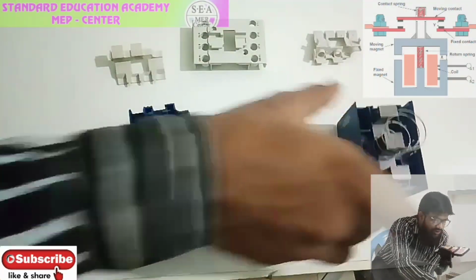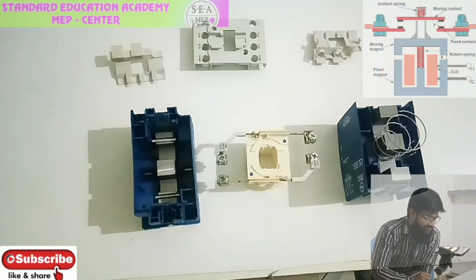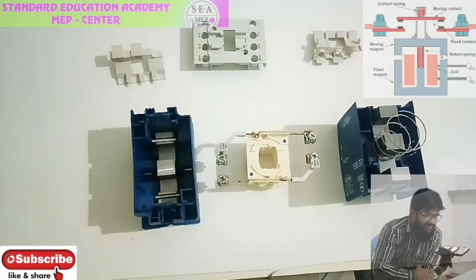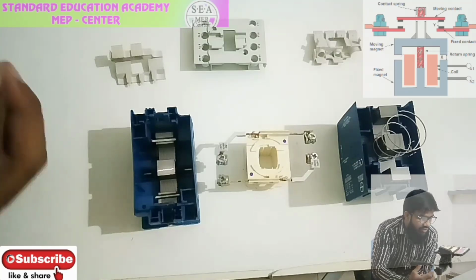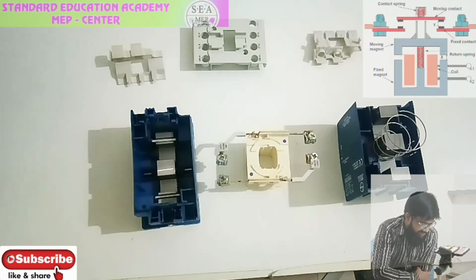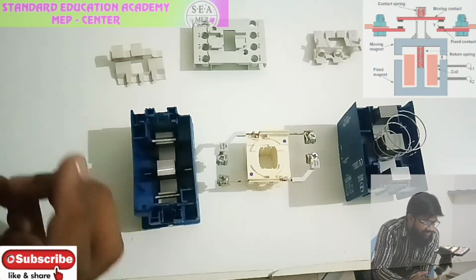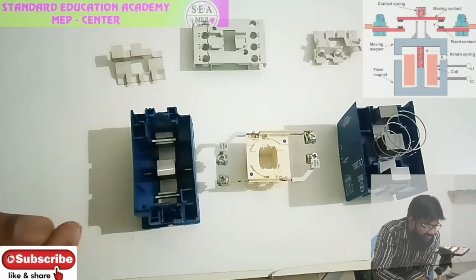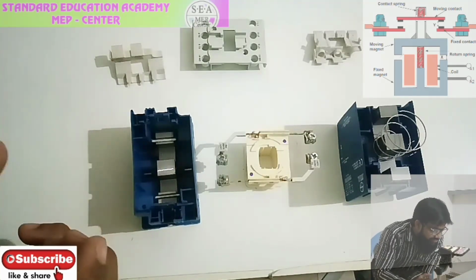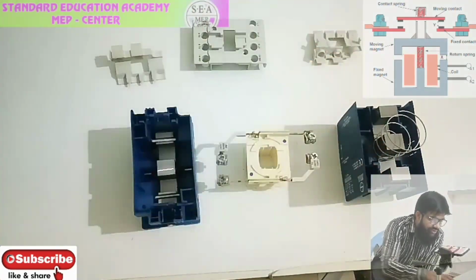We will be using these contactors in each and every electrical panel for switching operations and to protect the device whenever we are using a device with a huge load. I'll give you a separate video regarding the theory required for contactors, and I'll be providing links in the description, such that you can get a brief knowledge of the contactor theoretically. So let's see the internal components of the contactor.